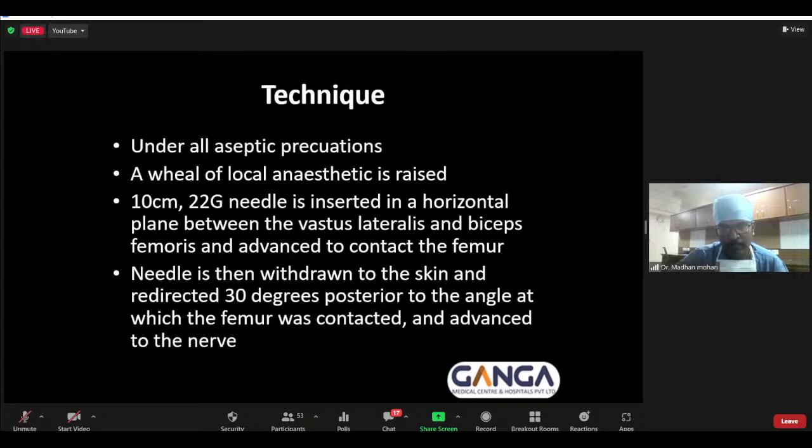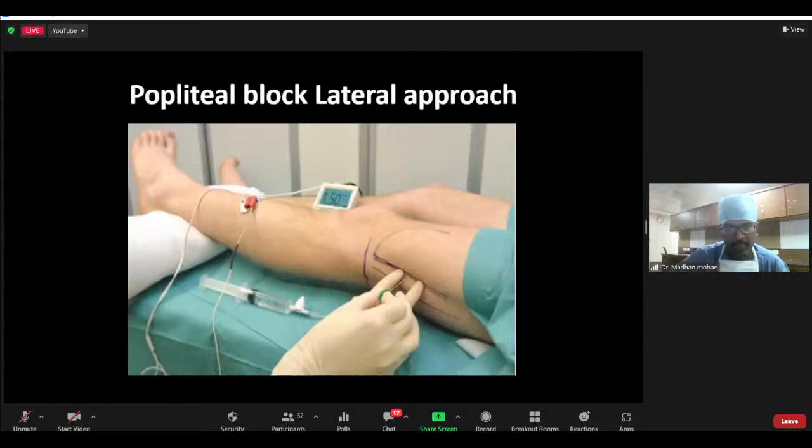Another point: once you hit the femur, measure the length of the needle which has gone inside. From that, you will usually get the nerve in 2 centimeters. So for these two points, the important thing is you should hit the femur first. This is the popliteal block lateral approach. You can see here the landmarks and the needle entry point.